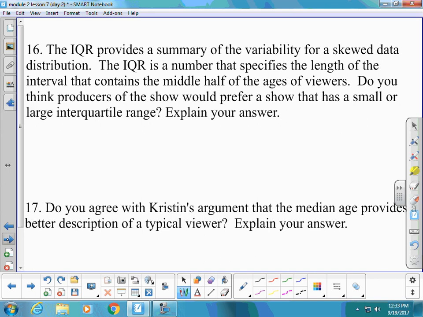Personally, I think they would want a small interquartile range, so that they were targeting a very specific audience. And that answer can vary, though. Somebody could also say that they want a large one, so that they have a lot of customers.